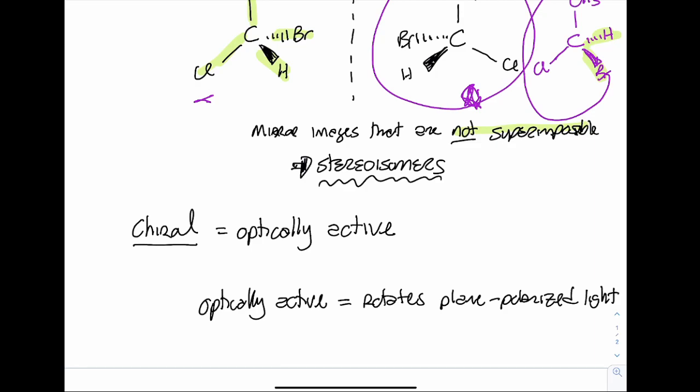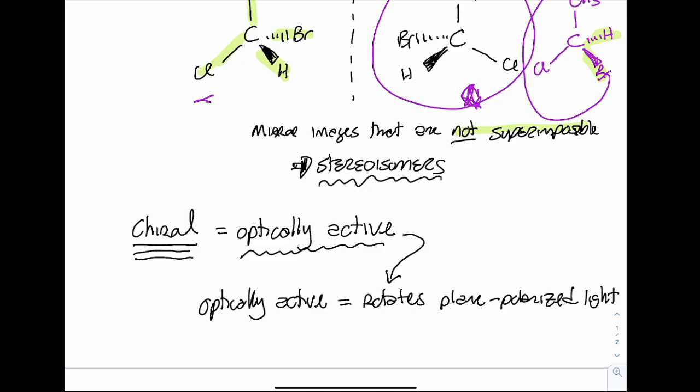So if something is chiral, it is this, and if it's that, it does this, right? So chiral molecules are optically active, they rotate plane polarized light.